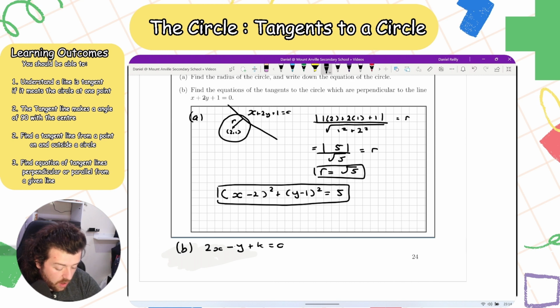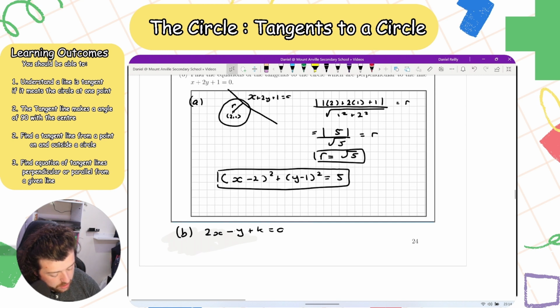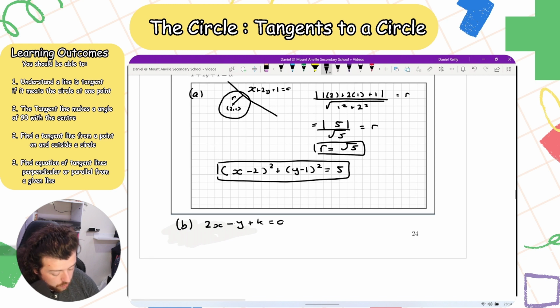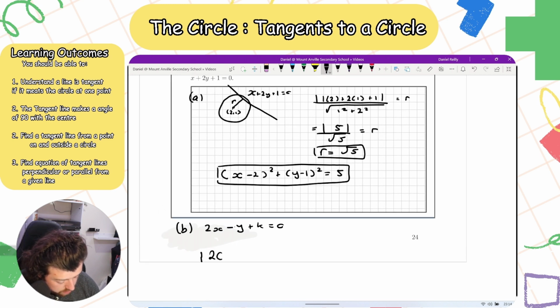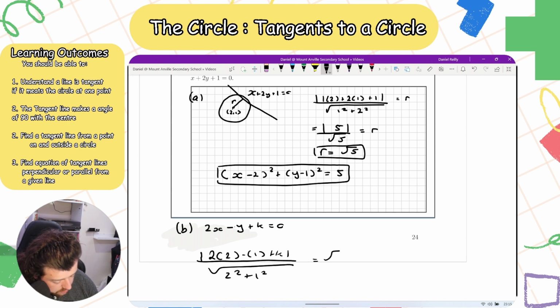I just swapped the coefficients and swapped the sign of the y and made the 1 a k. So I know the perpendicular distance from this to this circle is equal to root 5. So my center point is 2, 1. So it's going to be 2 times 2 minus 1 plus k all over root 2 squared plus 1 squared is equal to root 5.